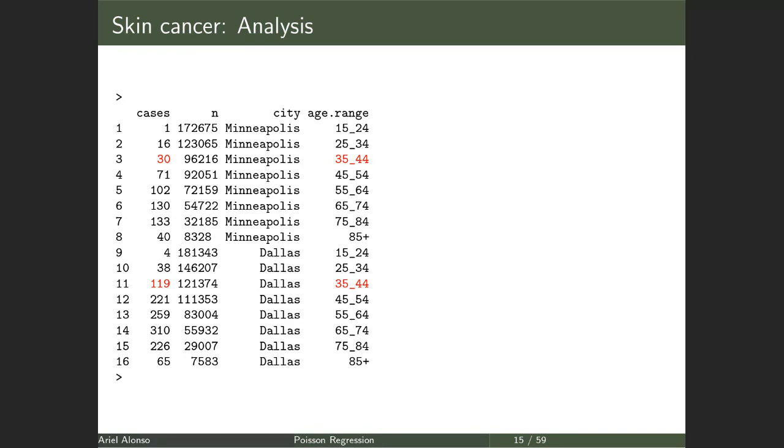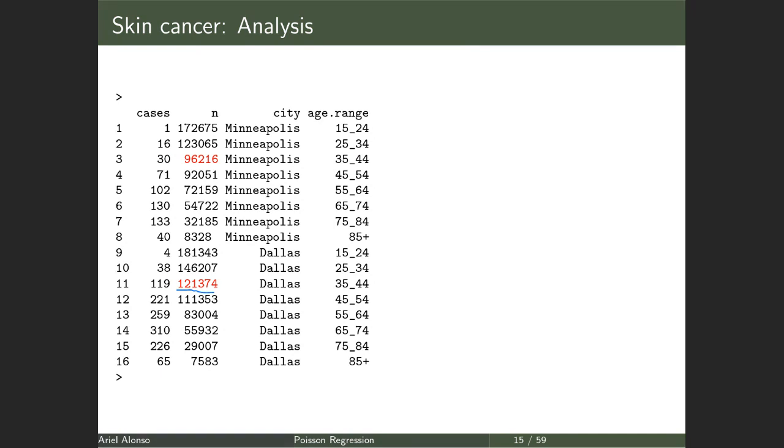So you can immediately think, oh, you have many more cases in Dallas than in Minneapolis in the same age group. But here comes the issue. You need to be careful because you also have a lot more people in that age category in Dallas than in Minneapolis. And somehow you need to take that into account.